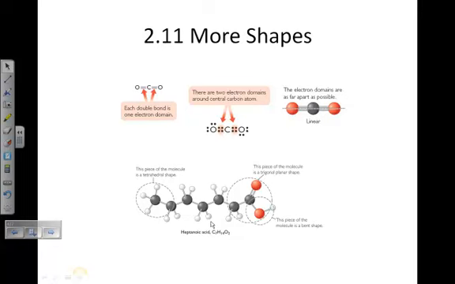Below is an example of a more complex molecule, which has some other shapes that you can consider. Again, the common carbon with 4 equidistant bonding domains gives a tetrahedral shape. Over here we have 3 electron domains, which creates a flat trigonal planar shape.